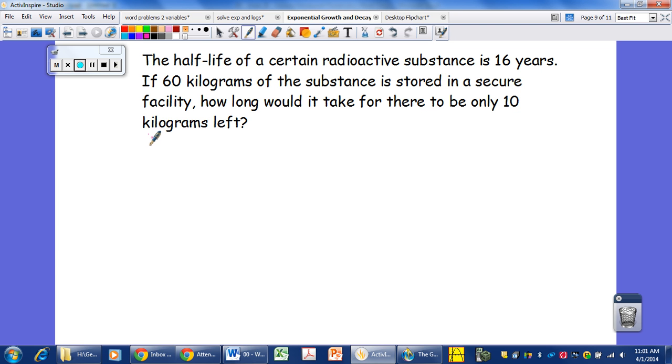So there is a formula to figure out the rate. In order to solve this problem about how long it will take to have 10 kilograms left, we need to first find the rate of decay. There's a nice formula for that.